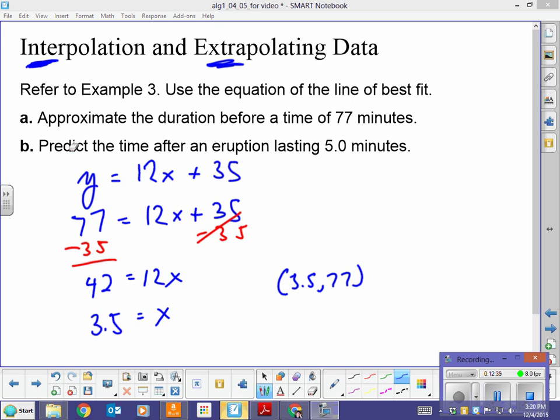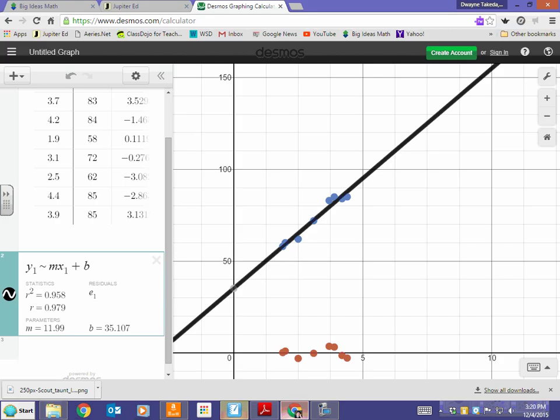Next, we want to predict the time after an eruption lasting 5 minutes. Okay, so we have an eruption that goes 5 minutes. We want to predict the time after that 5-minute eruption for the next eruption. Let's go back here. Here's one neat thing we can do since we have our line of best fit.